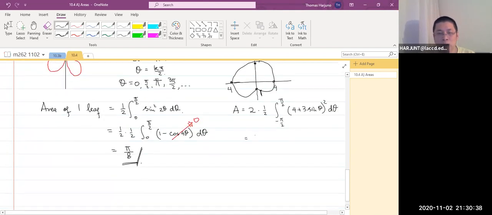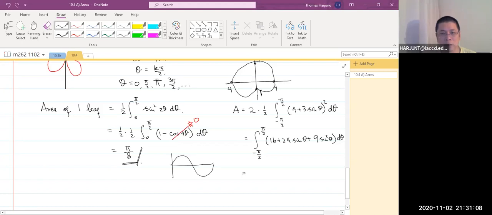That equals the integral from negative pi over 2 to pi over 2 of 16 plus 24 sine theta plus 9 sine squared theta d theta. The sine graph looks like this. The parts in quadrant 4 and quadrant 1 will cancel, so this term will go to 0. Boom.